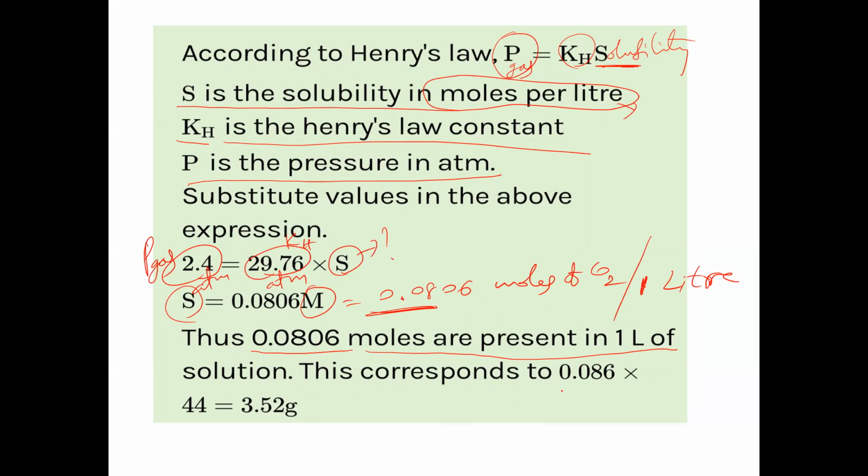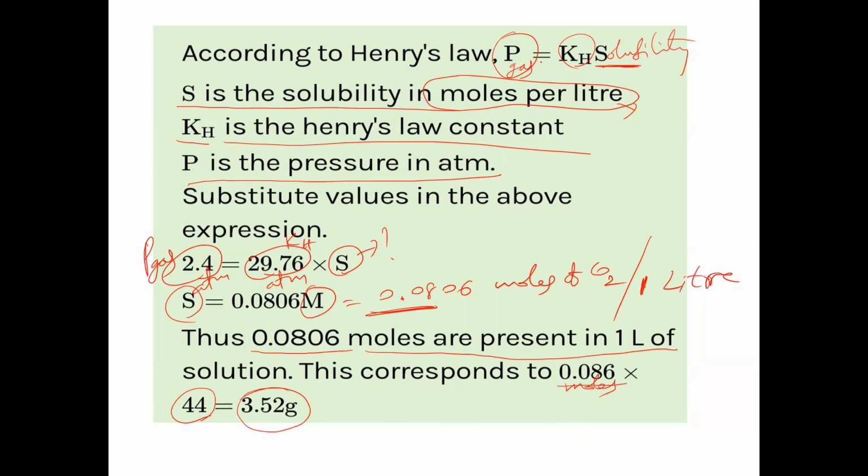So this corresponds to how much weight? Number of moles into gram molecular weight. Gram molecular weight of CO2 is 44. 44 into the number of moles gives 3.52 grams.